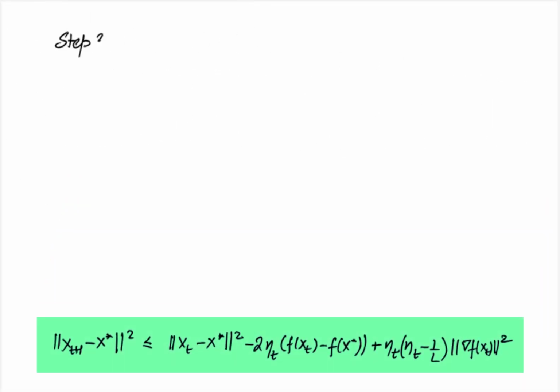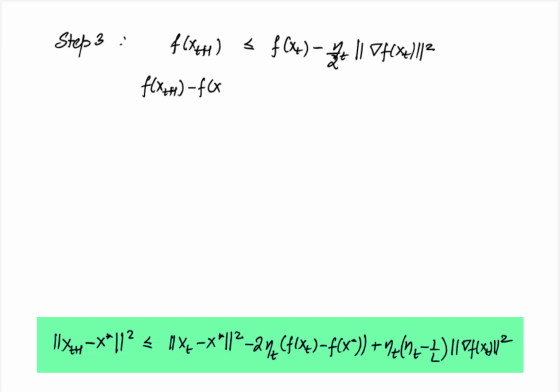Let us write down the stopping criteria of the backtracking line search algorithm, which is that f of xt+1 is less than or equal to f of xt minus eta t by 2 ||gradient of f of xt|| square. Subtracting f of x star from both sides, we get f of xt+1 minus f of x star less than or equal to f of xt minus f of x star minus eta t by 2 ||gradient f of xt|| square.